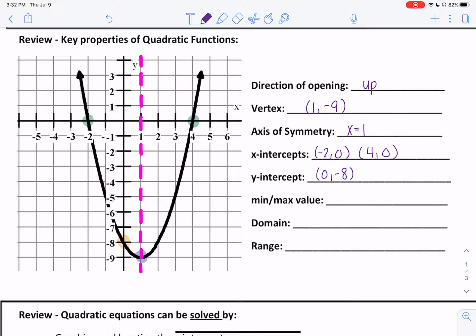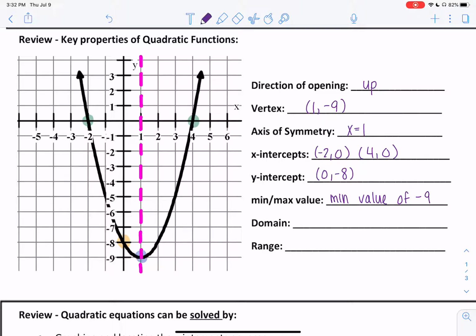Next is my minimum or maximum value. In this case, my parabola gets lower and lower until it hits -9, and then it turns around and increases. So that means I have a minimum value of -9. Next is my domain. There's nothing stopping my x values from continuing on.